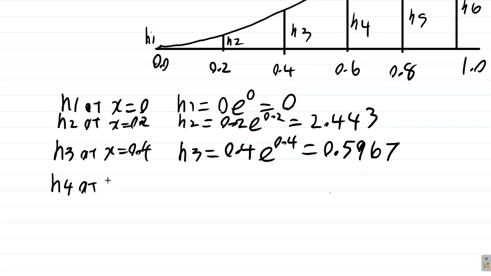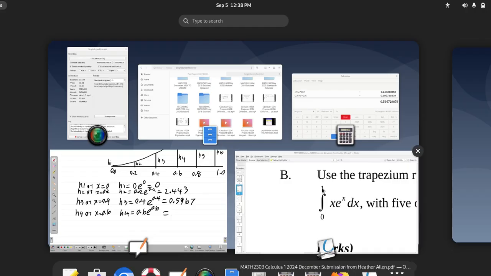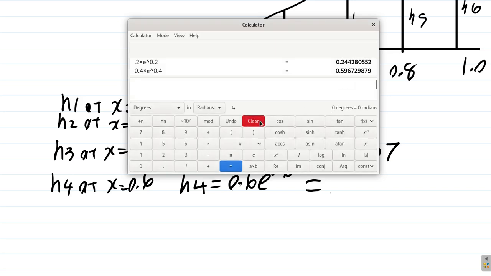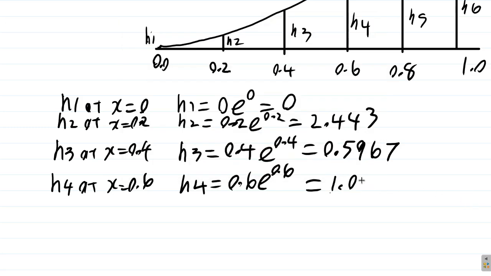H4 is at x equals 0.6. So H4 equals 0.6 e to the 0.6 equals. So what is that? Let's clear our calculator. 0.6 multiplied by e to the power of 0.6 equals 1.0933, 1.0933, right?